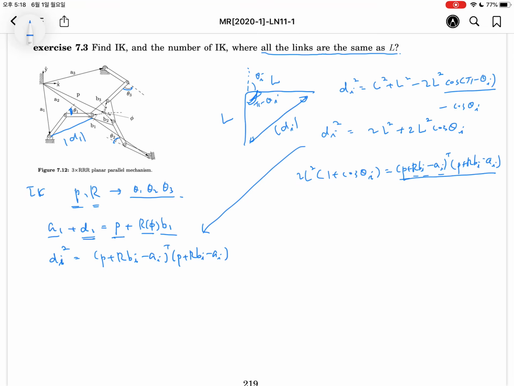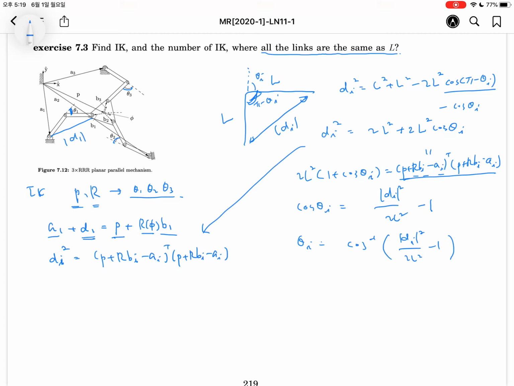So cosine theta i can be found like this. If you denote this value as the Di square magnitude, then minus 1 is required to find the cosine theta i. So theta i is equal to arc cosine of (Di square over 2L square, minus 1).